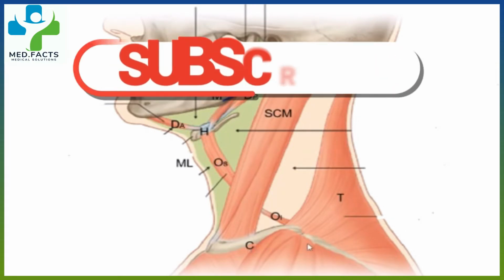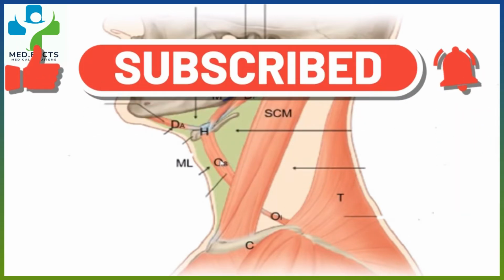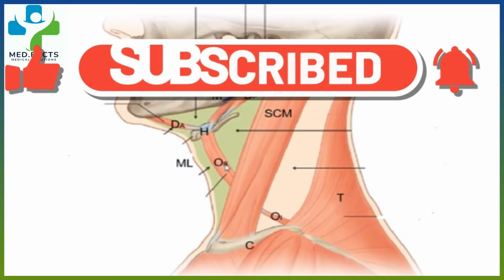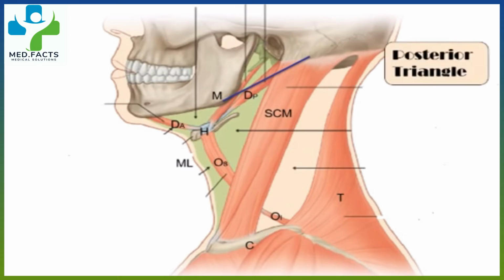And 4 muscles: the trapezius here, the sternocleidomastoid, and the omohyoid, with the superior belly and the inferior belly, same muscle, and the digastric muscle, with the anterior belly and posterior belly.